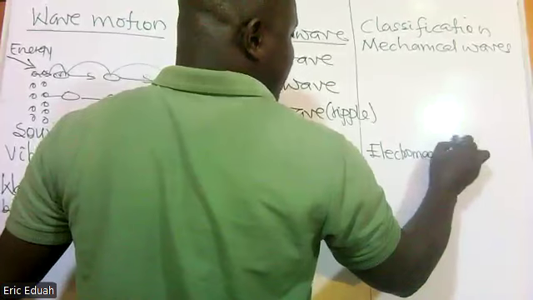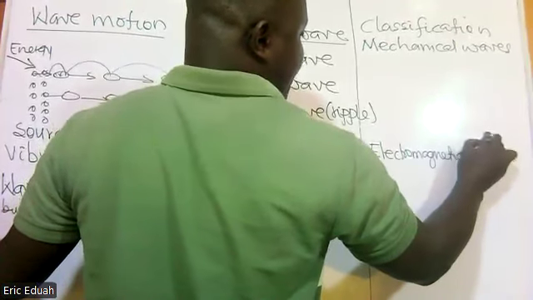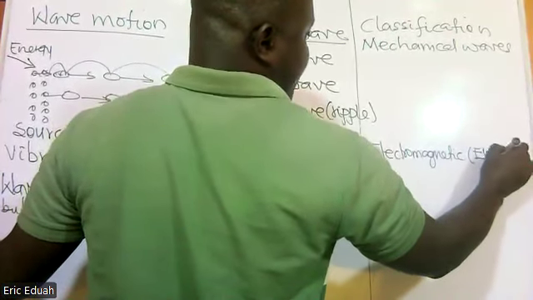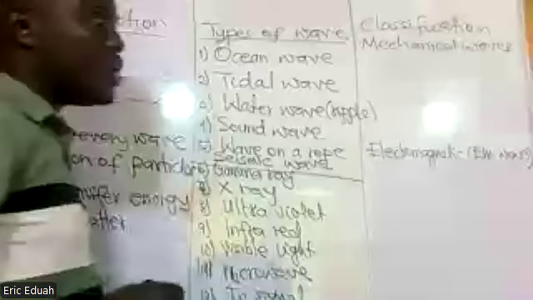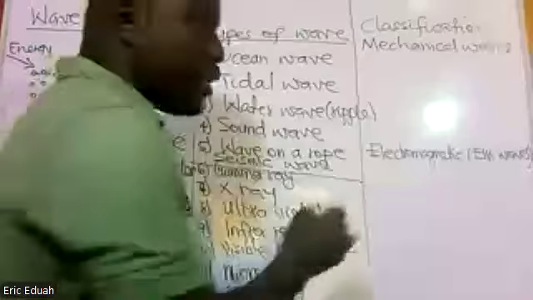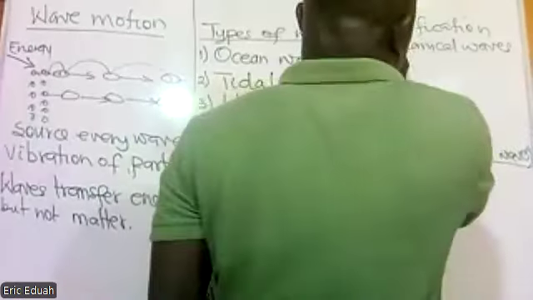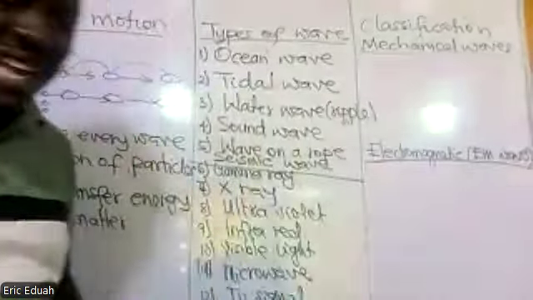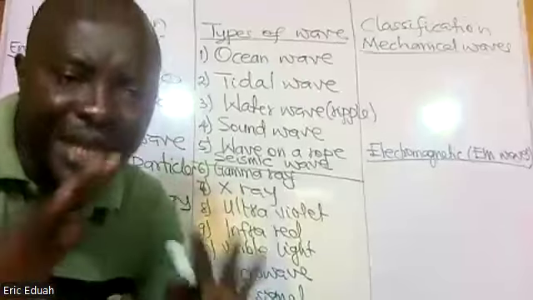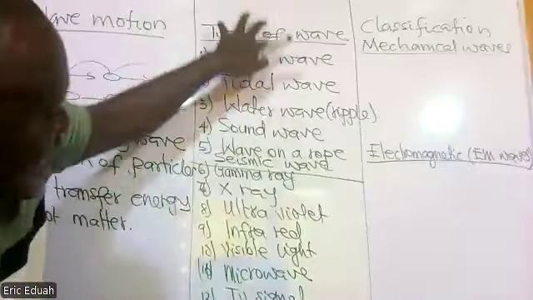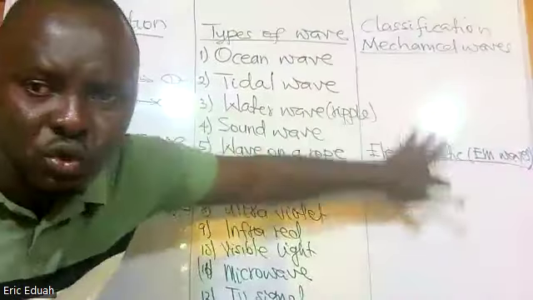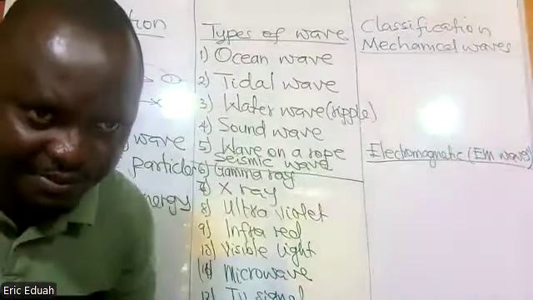Electromagnetic, shortened as EM waves. So the mechanical waves and the electromagnetic waves are not types. They are classifications. We are classifying these examples under these two main headings.